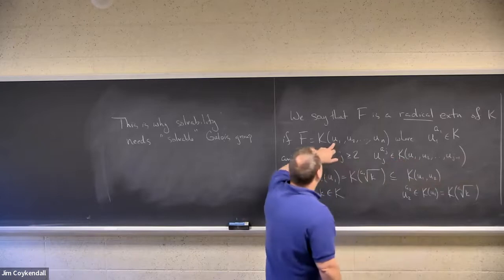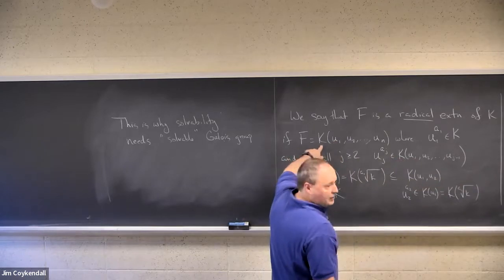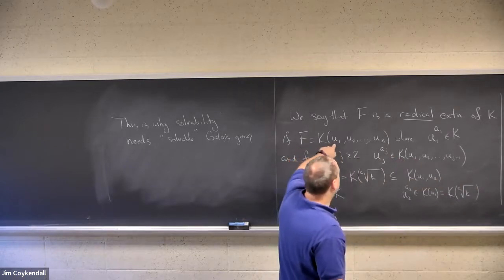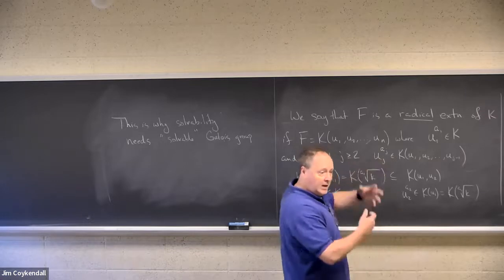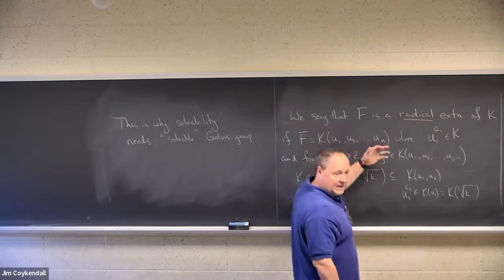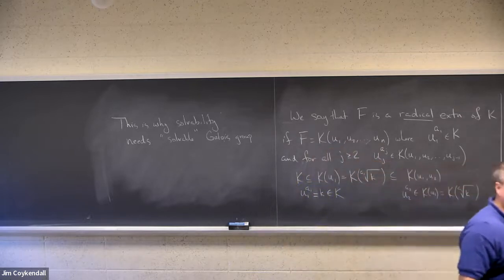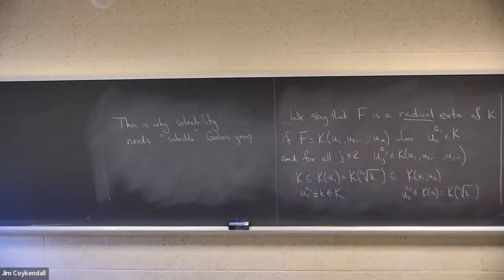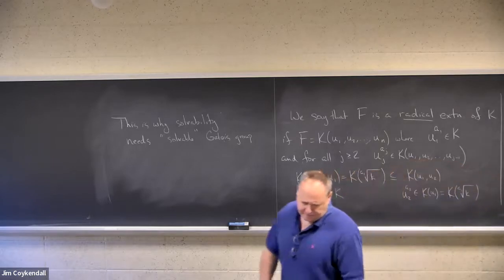You can't get from the rational numbers up to S5 by joining successive radicals, because that would mean that S5 would have to be a solvable group, because what you would get in the corresponding sequence of groups is a solvable series.